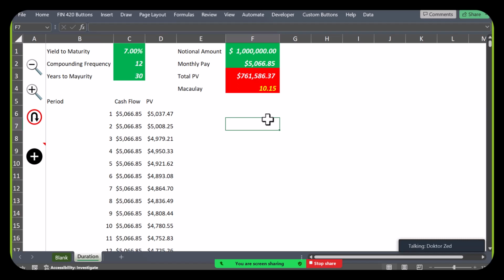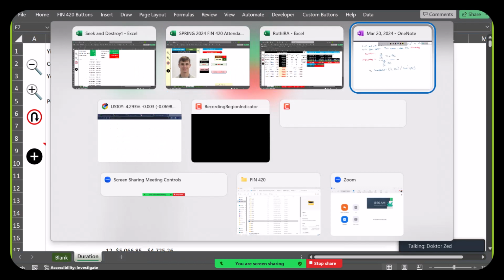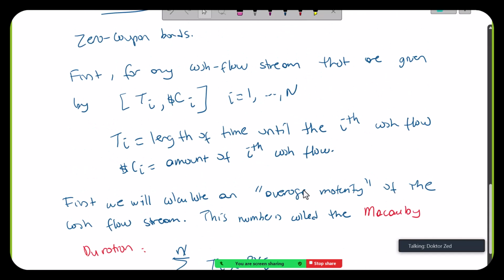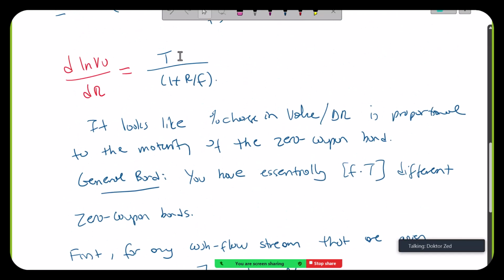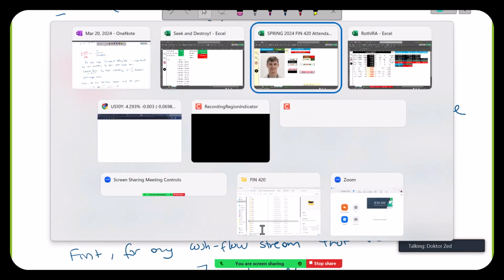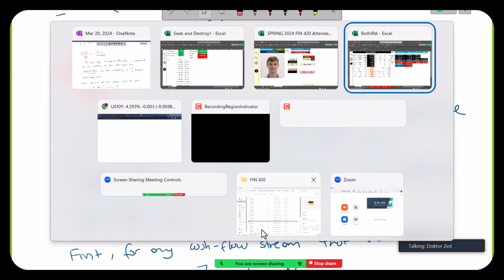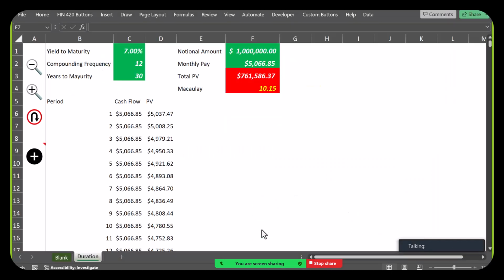But if you go back to our notes, the percentage change is proportional to that maturity, right? So, the so-called financial duration. And let me write the financial duration here.